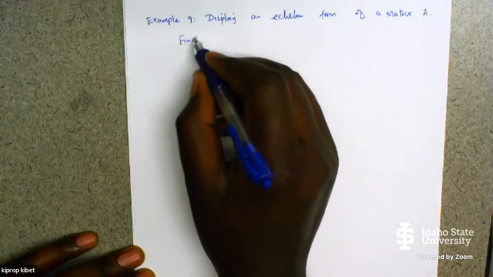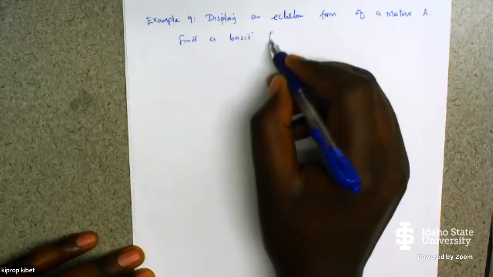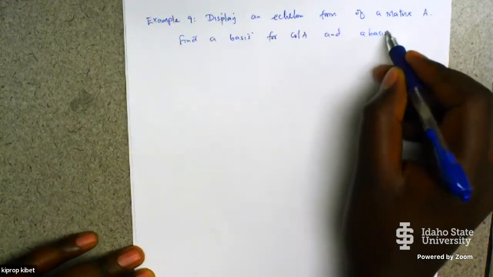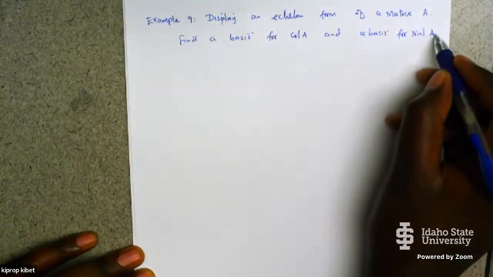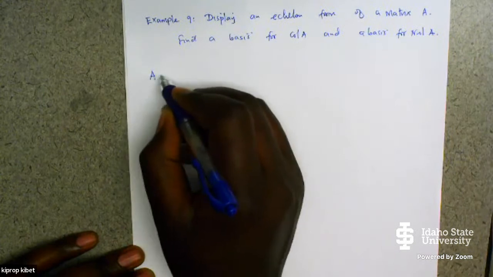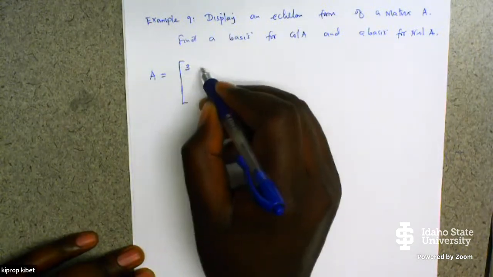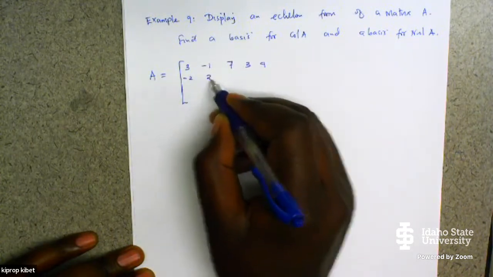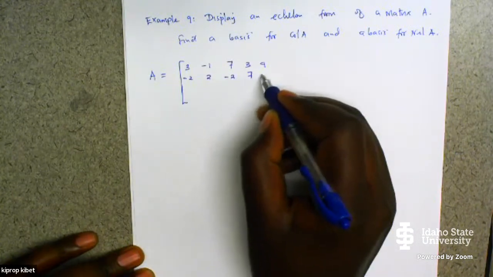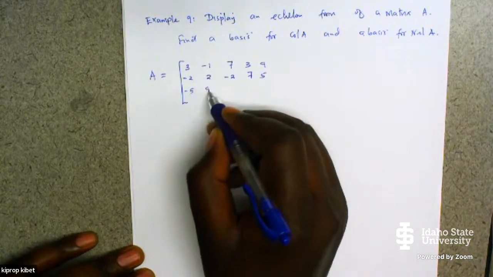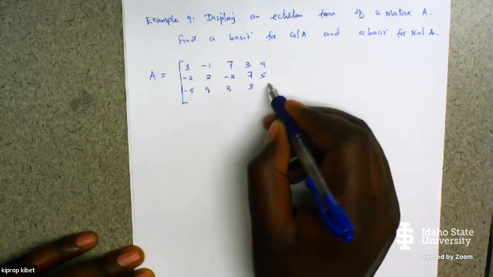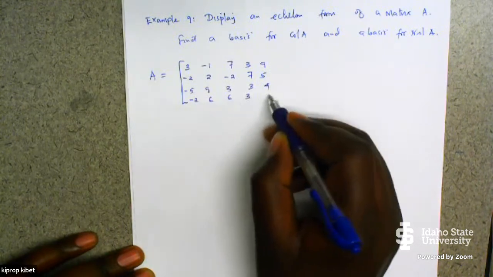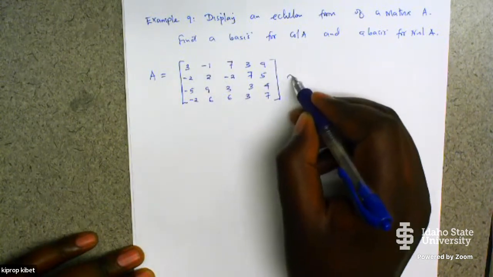Now find a basis for the column space of A and a basis for the null space of A, whereby we have A equals 3, -1, 7, 3, 9; -2, 2, -2, 7, 5; -5, 9, 3, 3, 4; and -2, 6, 6, 3, 7.